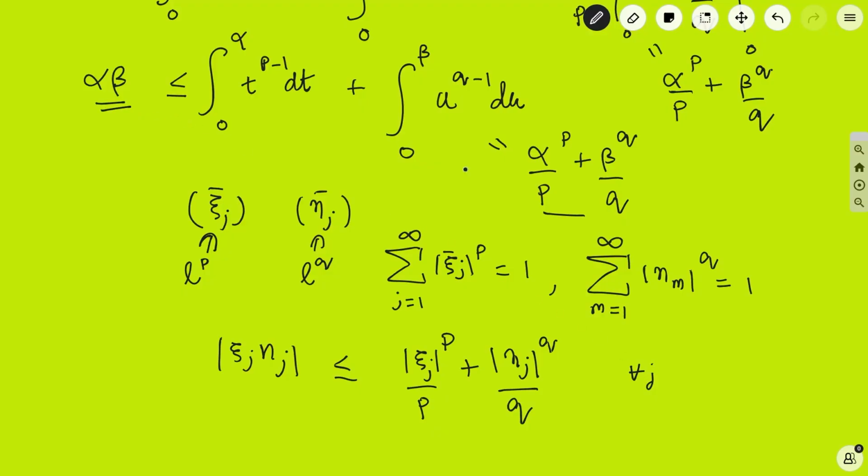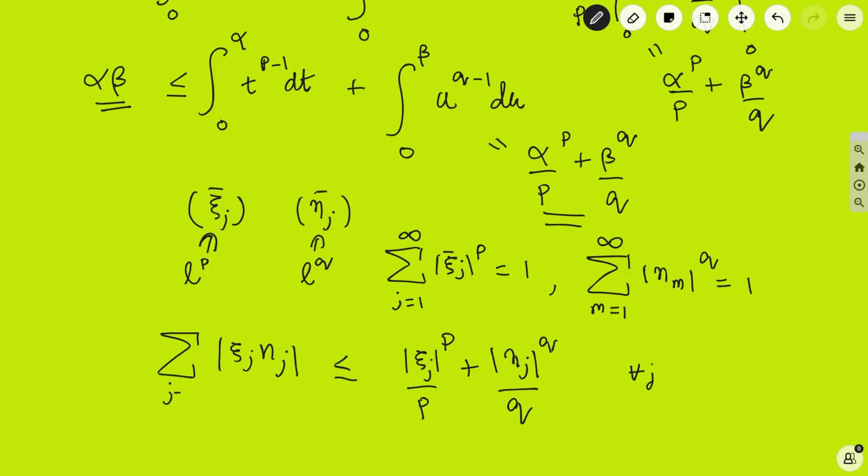Because this inequality holds for any positive numbers alpha and beta, I'm taking the j-th term of this sequence and the j-th term of this sequence, and this holds. Now all you need to do is sum both sides. So when you sum both sides, what happens?